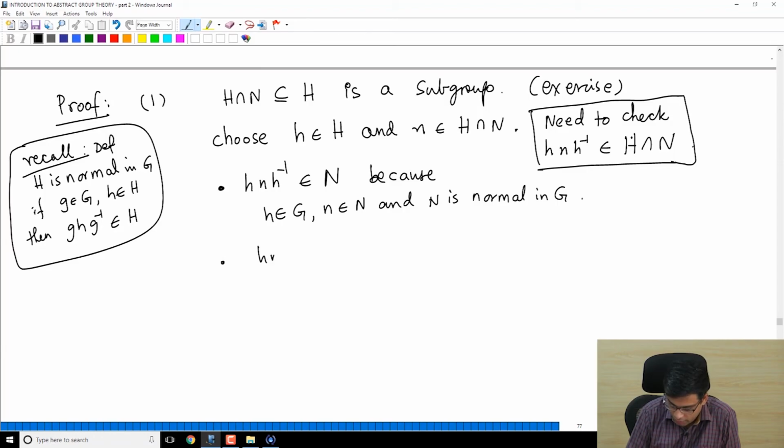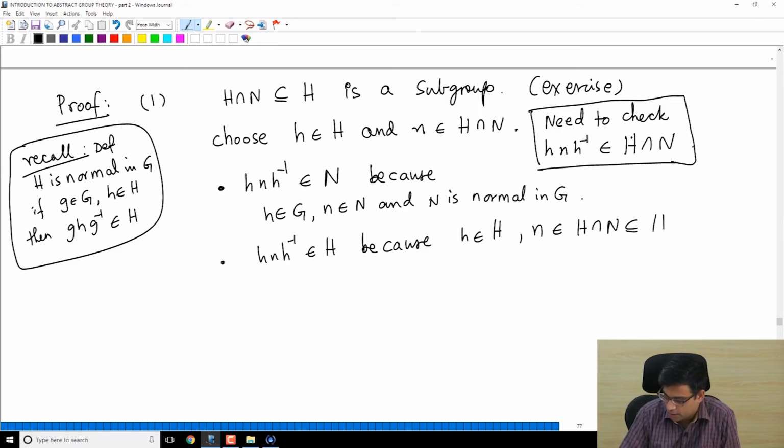On the other hand, h n h inverse is also in H because h is in H, n is in H intersection N, which is contained in H. So h is in H, n is in H, and H is a subgroup.